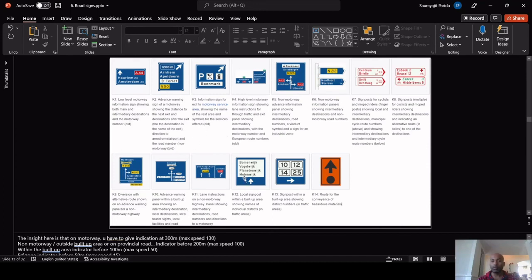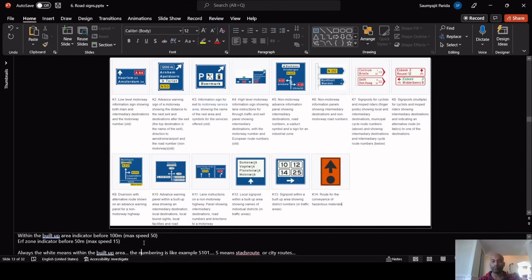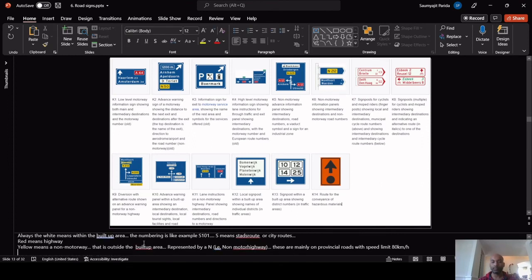Well, if you are within the built-up area, like the city roads, like the S, here this one means the through road, means this S means you are within the city, within the built-up area, and S means the Stadt route or the city routes.